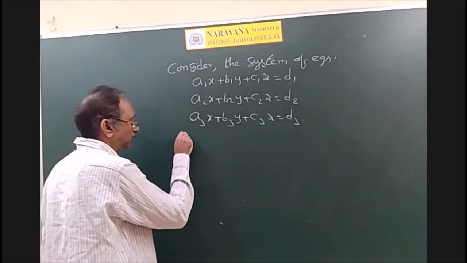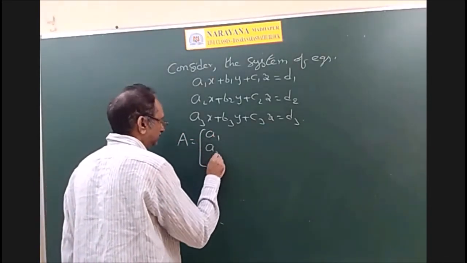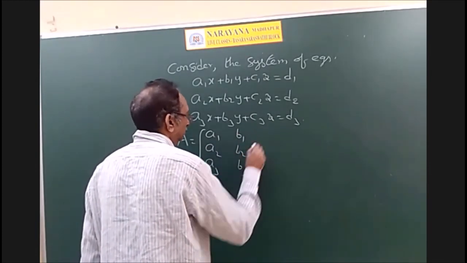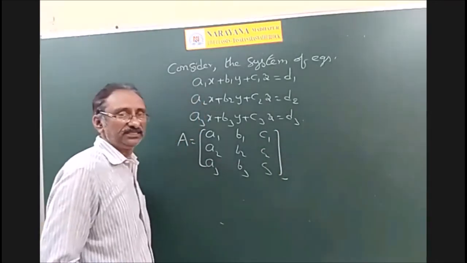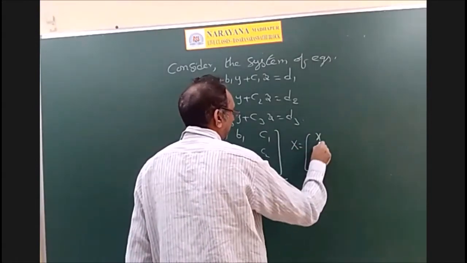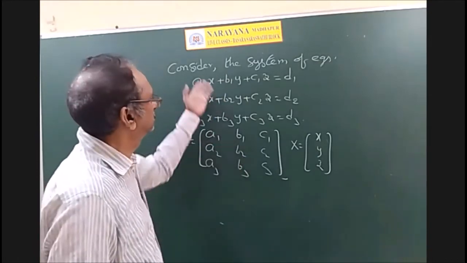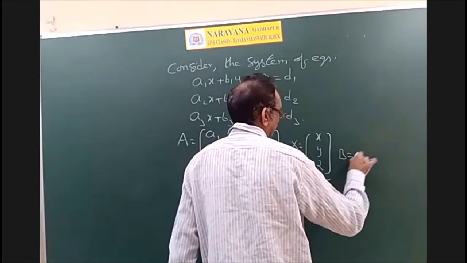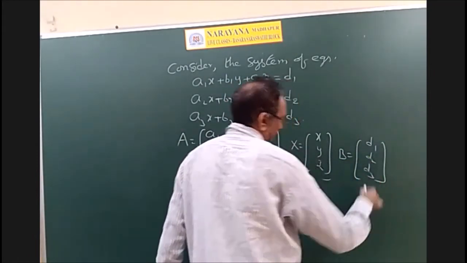See, first I will write the coefficient matrix A. That is the x coefficients A1, A2, A3, B1, B2, B3, C1, C2, C3. This is A. And what is the variable matrix? X, Y, Z or X1, X2, X3, whatever variables exist. So here X, Y, Z. And the constant matrix B, that is B1, B2, B3.